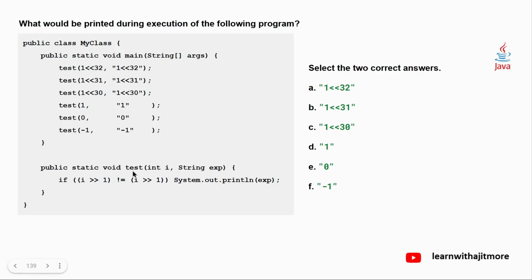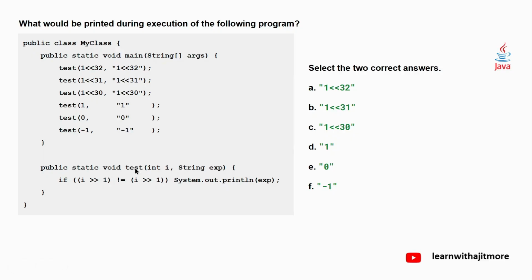Now tell me, is this test a static method? Test is a static function. Void means it's not going to return anything. Test is a static method, which means to call it, you don't have to create an object. Yesterday I told you, to invoke it, there is no need to create an object of this class, MyClass, because it's a static method.